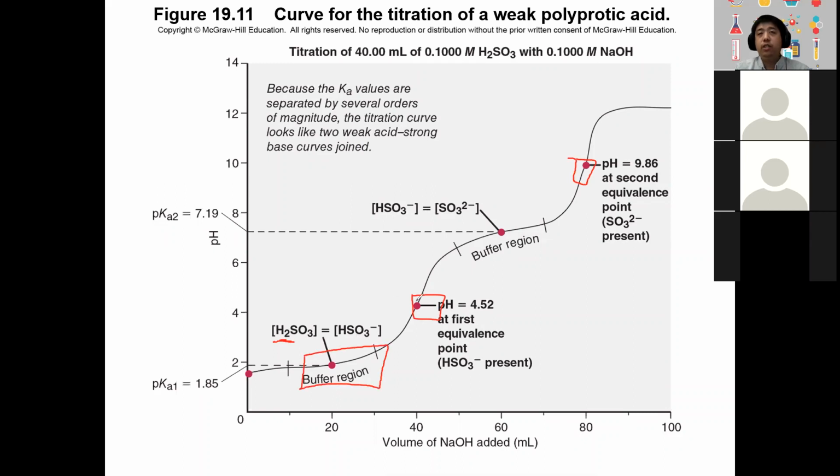And there's this one based on the second H right here. So we can kind of draw a line right here. You're going to have 2 different equivalence points and 2 different buffer regions when you're dealing with polyprotic acids. Okay, any questions? Now, if we have H3PO4, we would deal with 3 equivalence points and 3 buffer regions.